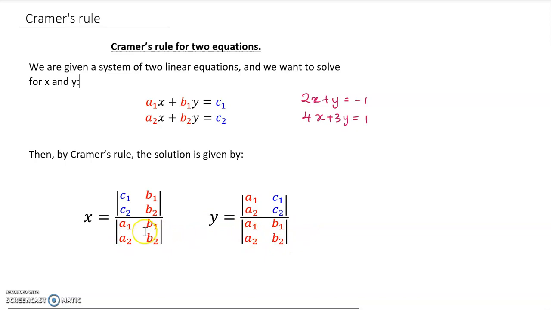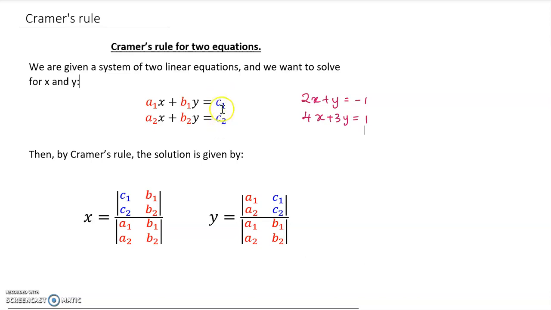At the top, for the x, in the first column you put the right hand side values. First of all, you need to rearrange your equation so that all the variables are on the left, and terms without the variable are on the right hand side.